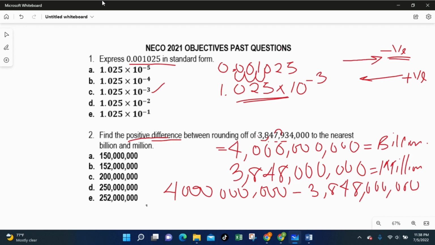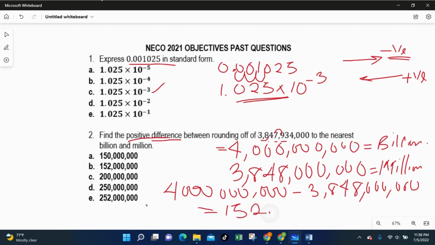If you subtract these two values, you are going to have this value.